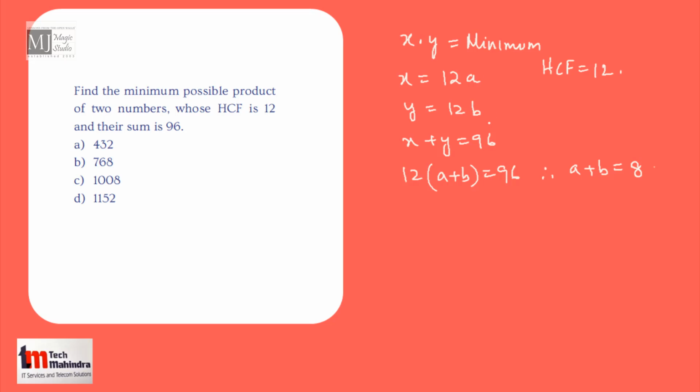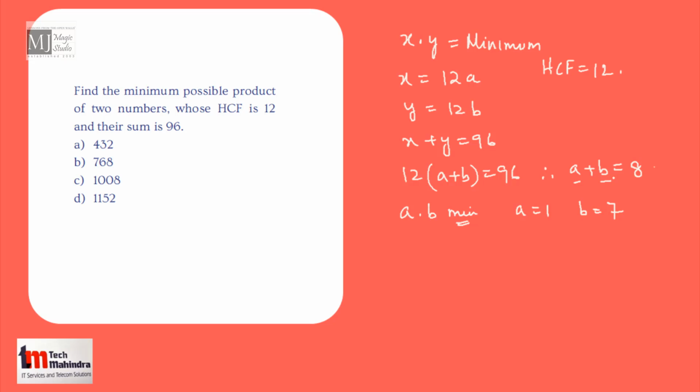So if the product is minimum, that means a into b is minimum. To make a into b minimum, the values of a and b should be as far apart as possible, like a 1, b 7. The closer they are, the product would be inching towards maximum.